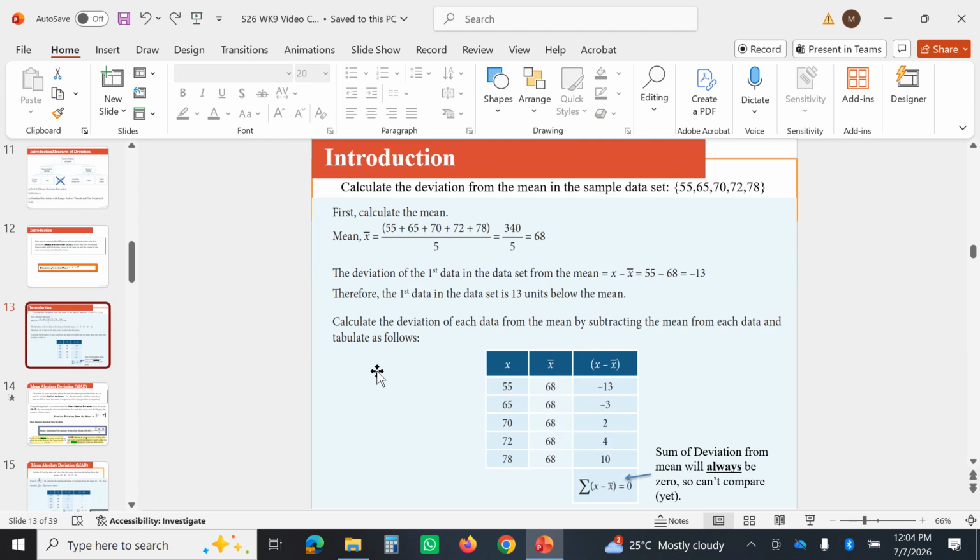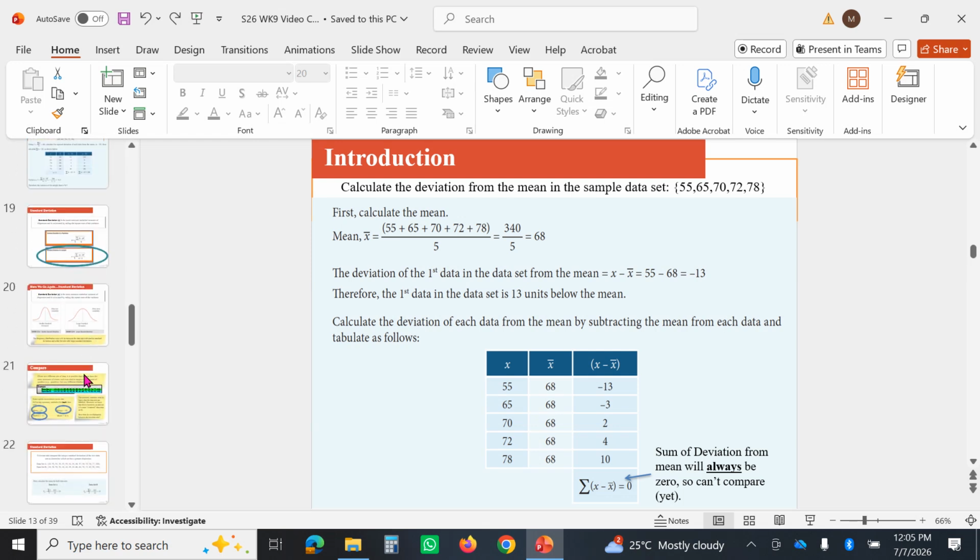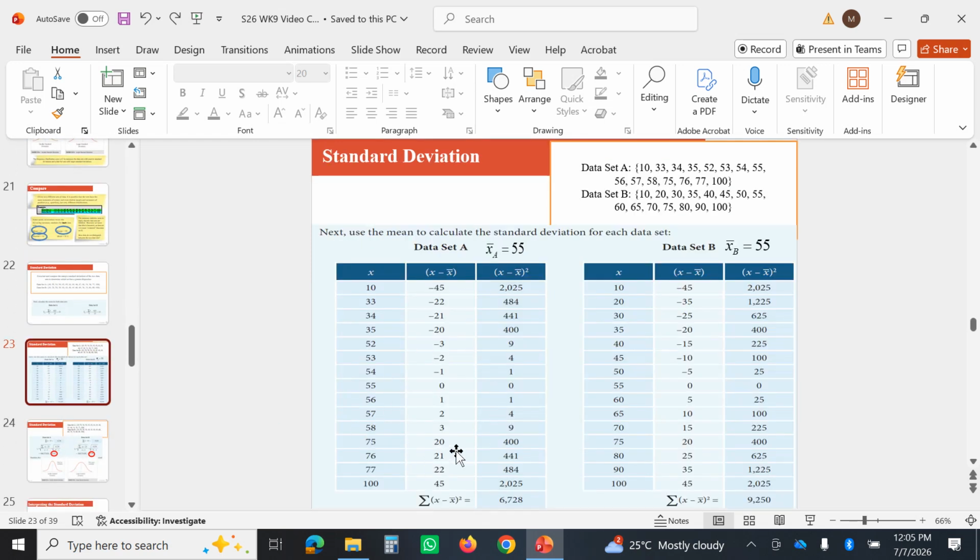So here we've got, okay, calculate the deviation from the mean in the sample set. So here we've got a small sample set. And generally that's how things will go on a testing situation. I think on the assignment there's one question there. It's got a whole whack load, calculate mean, median, mode. But you'll see how things are here.